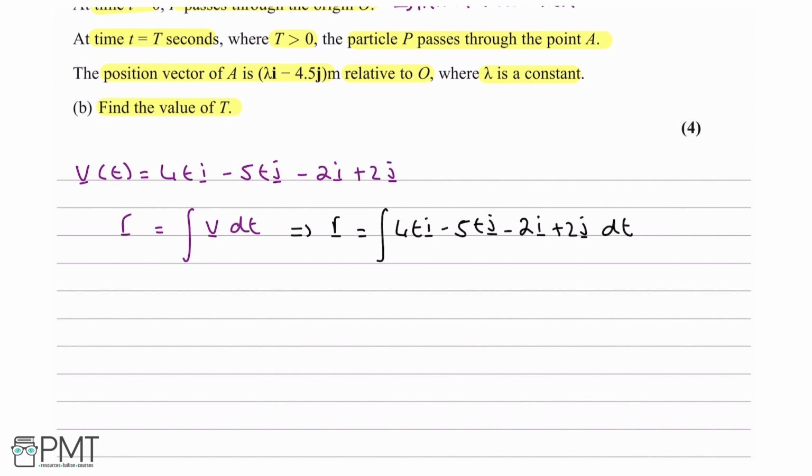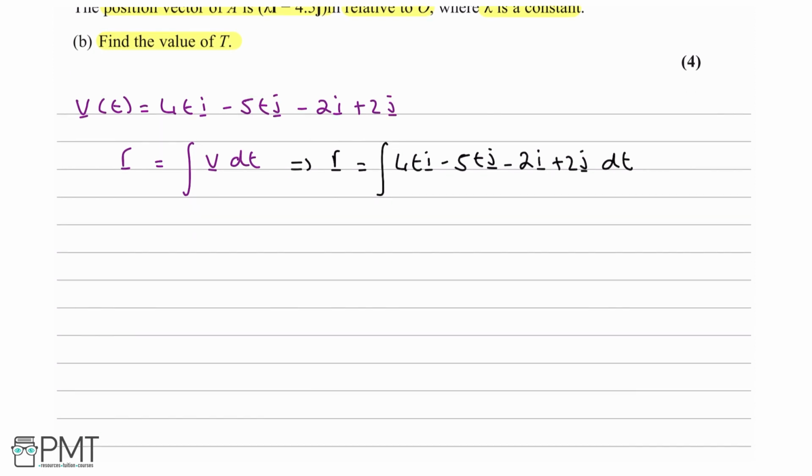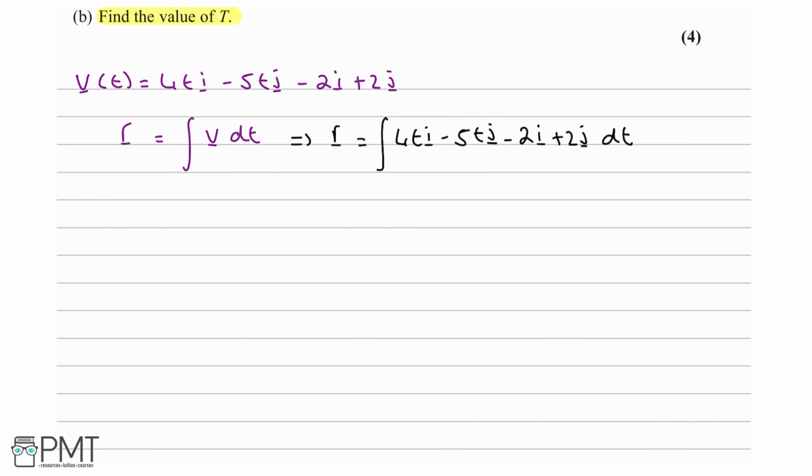The integral of 4ti with respect to time is 4t squared over 2 i, which is 2t squared i. This then minus 5t squared j over 2, minus 2ti plus 2tj, plus our constant of integration.